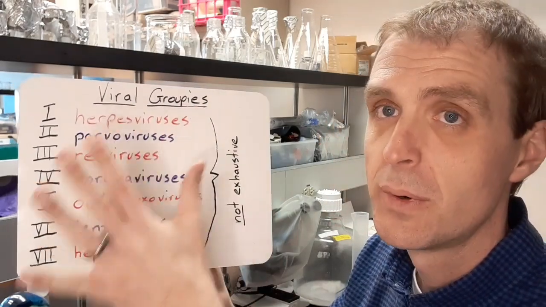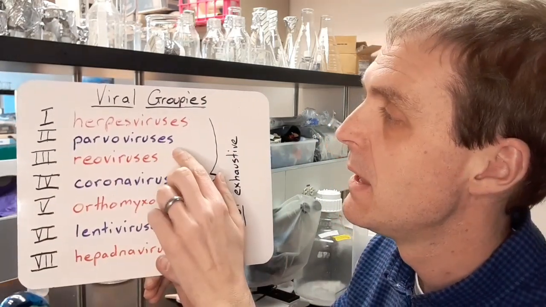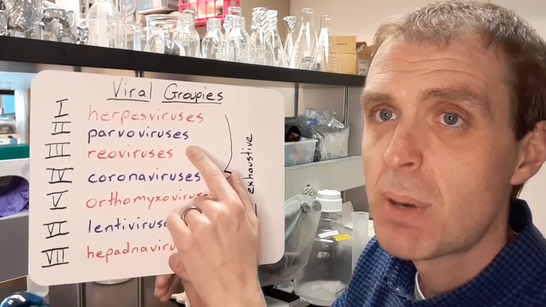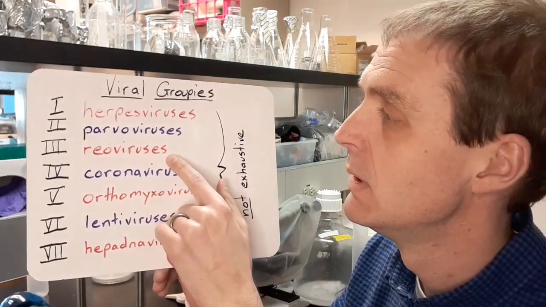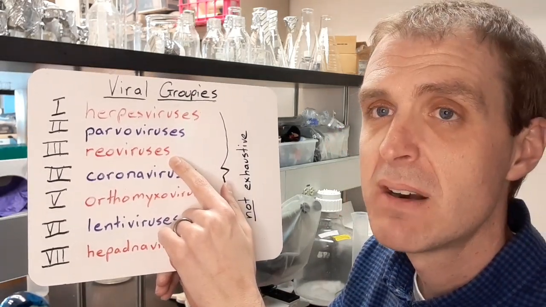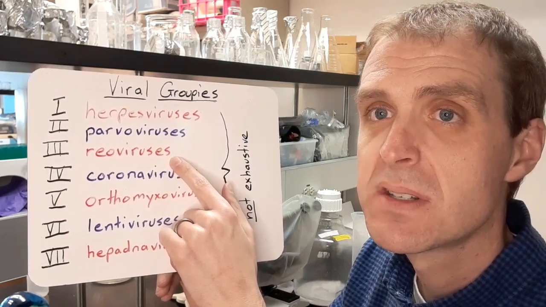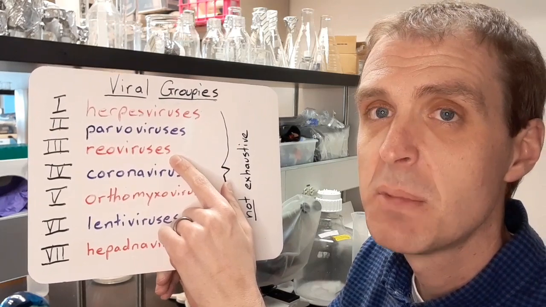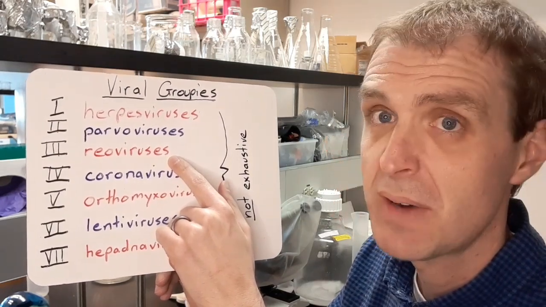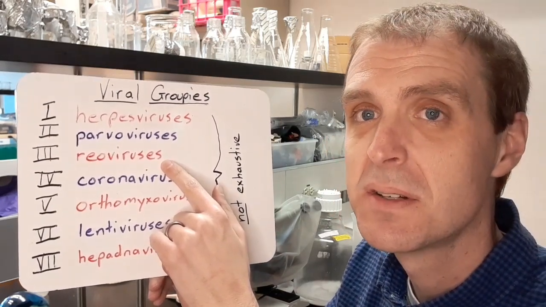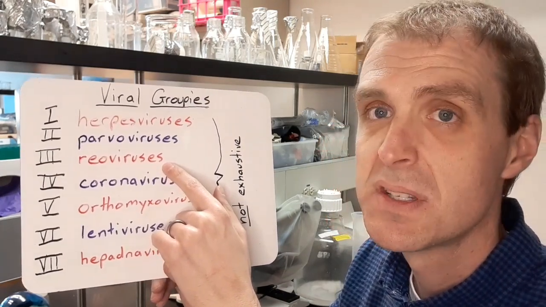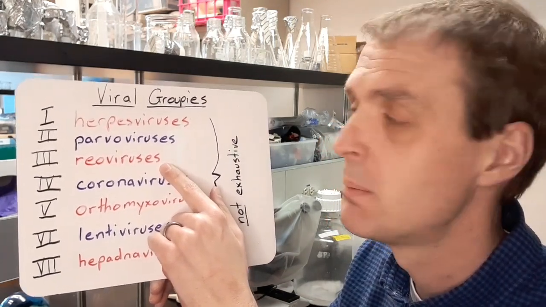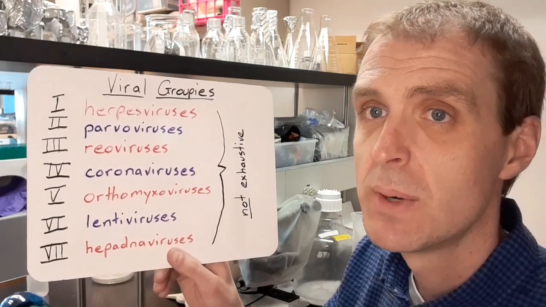So we're not talking about everything here. And then we have group 2, parvoviruses is an example. Group 3 are reoviruses. I did my PhD work studying one of the reoviruses, which is called rotavirus. And recently I've been hunting for some coltivirus out in the mountains around western Montana, which is a virus that's carried by a tick, but those are all examples of reoviruses.